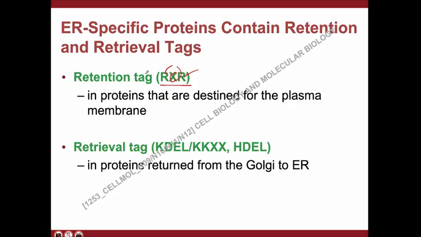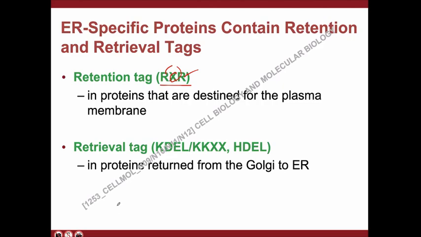So this being a retention tag, this is found in some proteins that are also destined for the plasma membrane. And this RXR tag must be hidden or masked to allow the assembled protein or complex to leave the endoplasmic reticulum. Okay. So dalawa siya. It's either for being localized to the ER or for those destined sa plasma membrane.